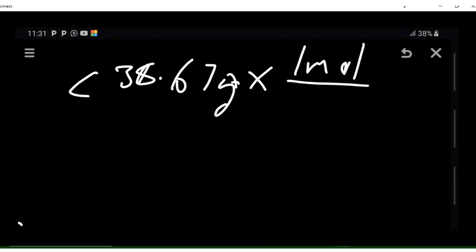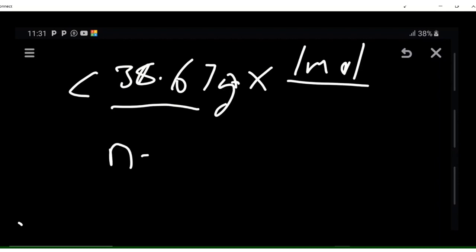What it is here, we are finding the moles first of carbon. Since we have given the mass in percent, so this is the mass. So to find the moles, I think you know how to find the moles. So to find the mole, the formula is, I will write n.